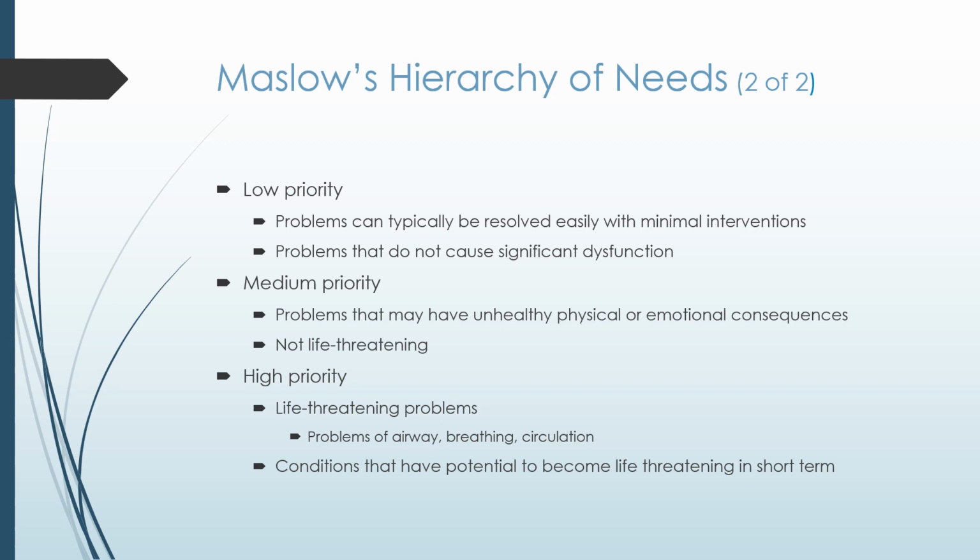Conditions that may also have a potential to become life-threatening. So if I have a patient that's on oxygen at 2 to 3 liters, and they have a history of asthma, they're in for acute asthma, there could be a potential problem. I need to put that patient in my high priority and get that patient seen, okay?